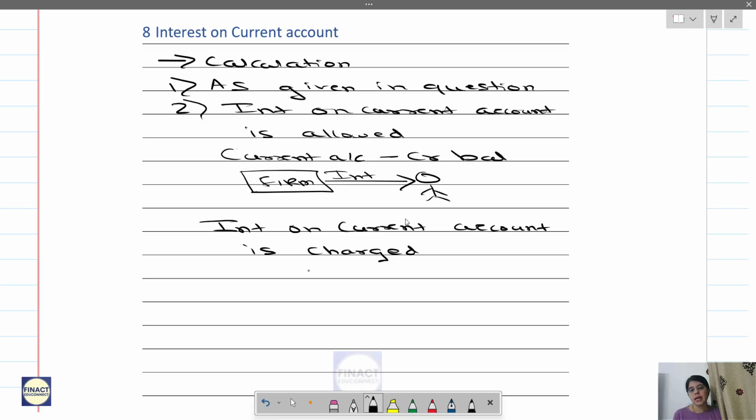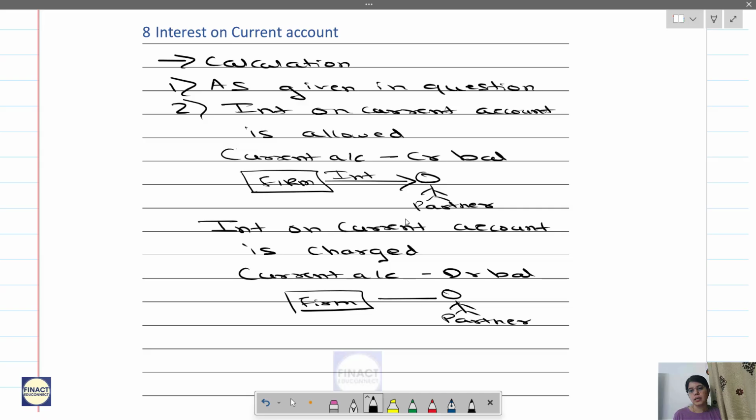This is like interest on drawings. Here, interest will be given by the partner to the firm.